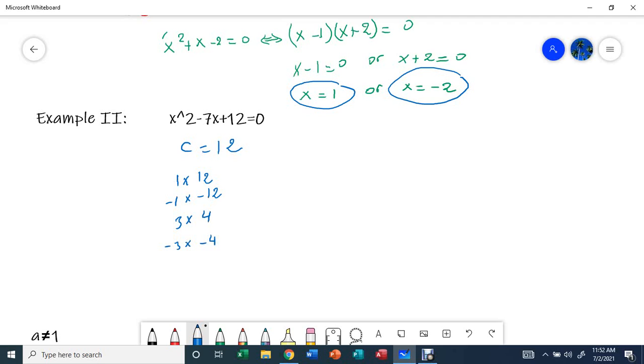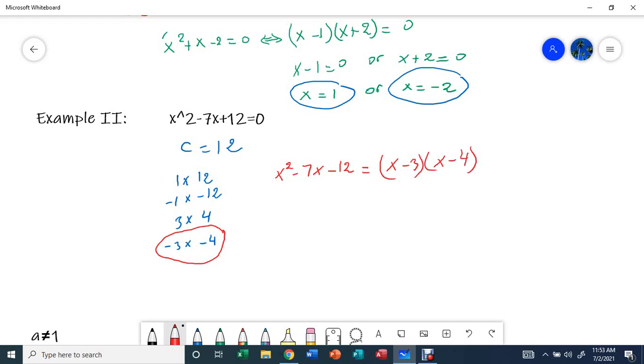Add these numbers together and see which two will give you negative 7. Yes, negative 3 and negative 4 are my numbers, because when I add them together I get negative 7, and when I multiply them together I get positive 12. So the equation can be factored as x squared minus 7x plus 12 equals x minus 3 times x minus 4.